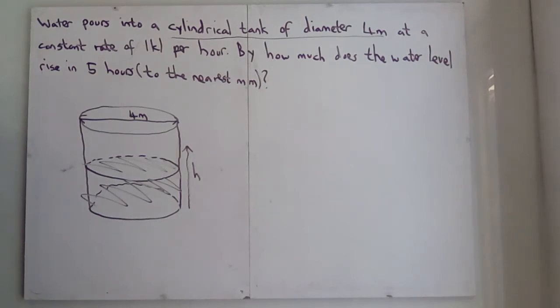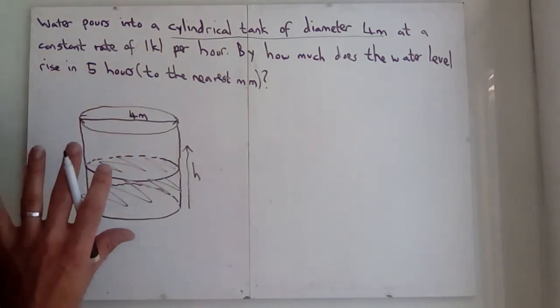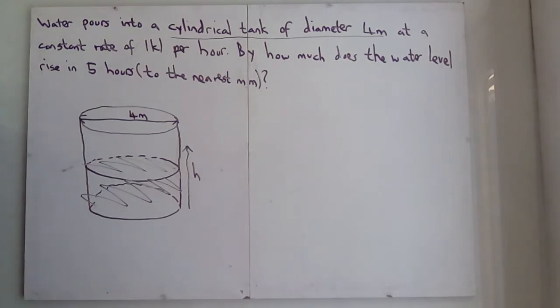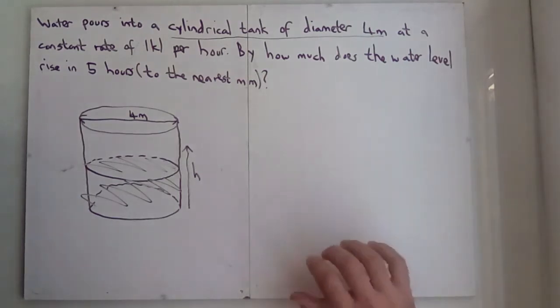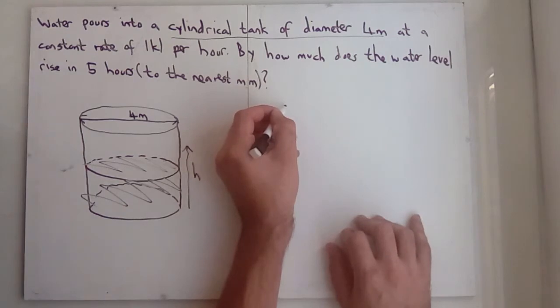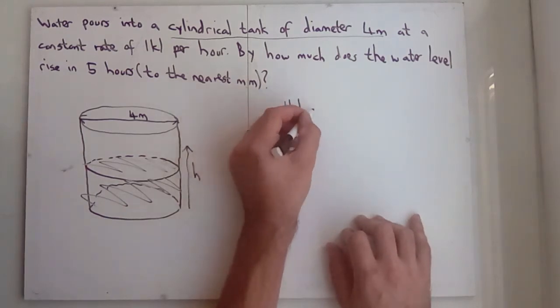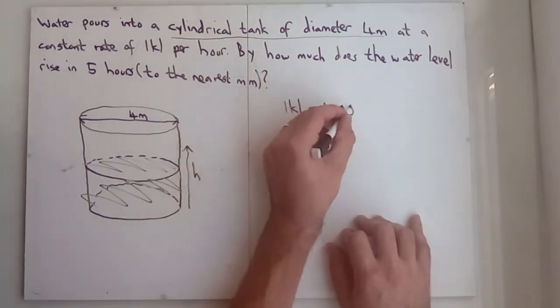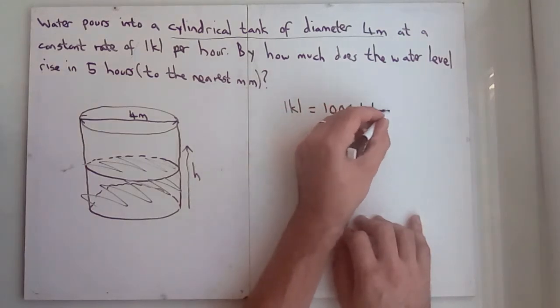So this is in meters here, so we're going to have to find a volume expression, and then we're going to have to turn these kiloliters into cubic meters, so I might start there actually. So remember that 1 kiloliter equals 1,000 liters.